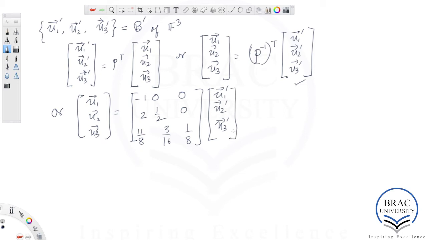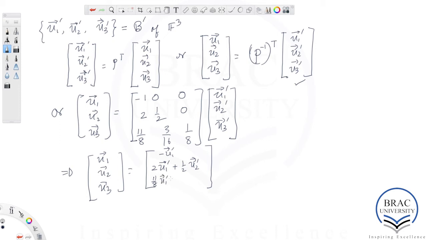I can simplify it further, which reduces to the following expression: minus u1 prime, then 2 u1 prime plus 1/2 u2 prime, and the third component is 11 over 8 u1 prime plus 3 over 16 u2 prime plus 1 over 8 u3 prime.